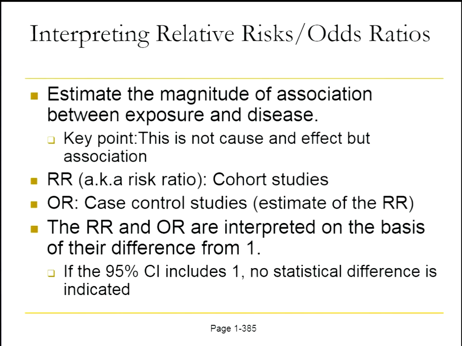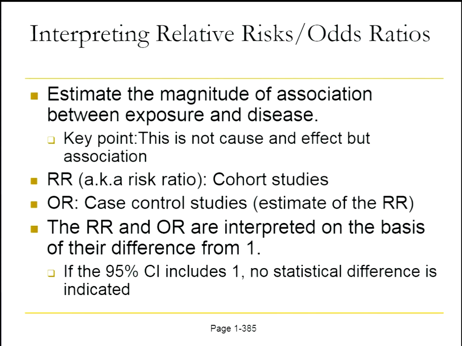Let's look a little bit at interpreting relative risks and odds ratios, the two measures of association used in observational study designs. Remember, the key point here is that for observational designs, this is not cause and effect, but association.